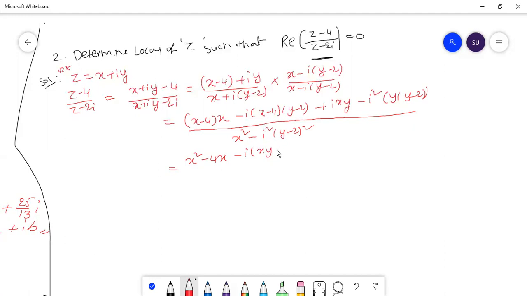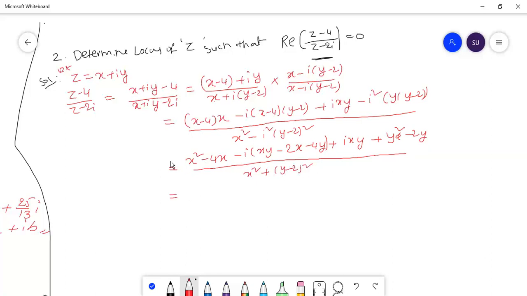Next x into 2, minus 2x, minus 4y plus ixy. I square is minus 1, so plus y into y, that is y square, minus 2y, whole divided by x square, I square is minus 1 again, so (y minus 2) whole square.